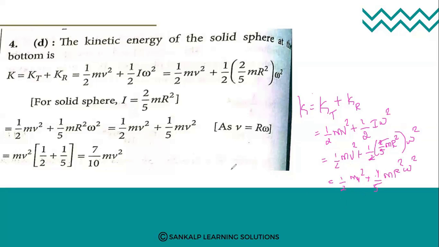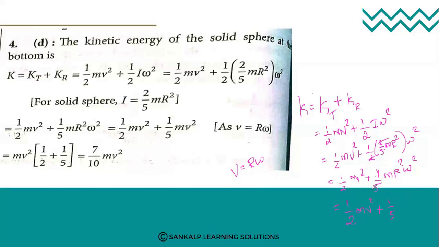As we know, the relation between the linear velocity and the angular velocity is v equals r omega. Therefore, this is equal to 1 by 2 mv square plus 1 by 5.